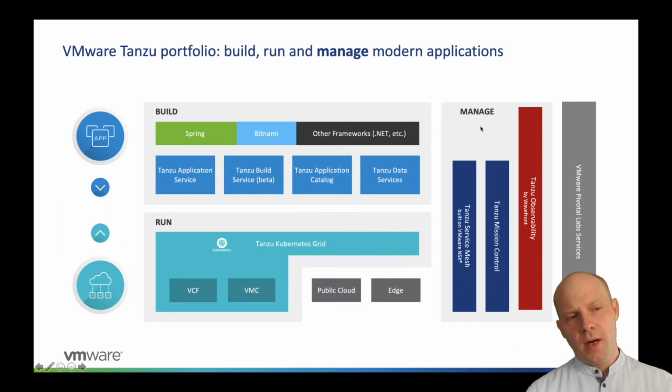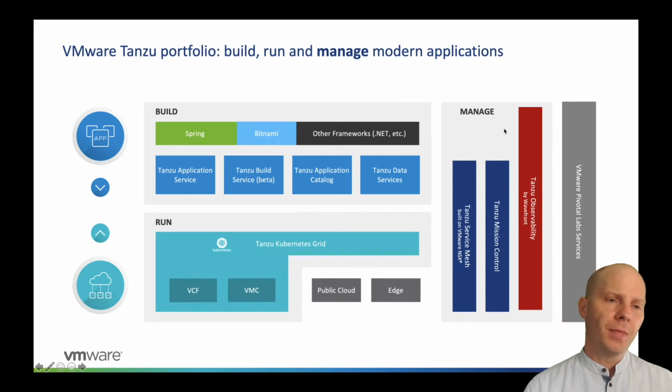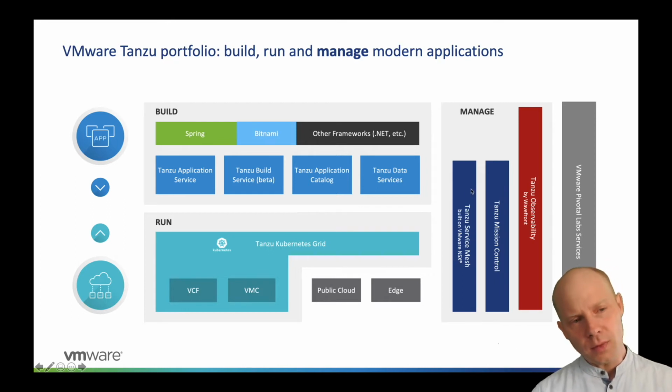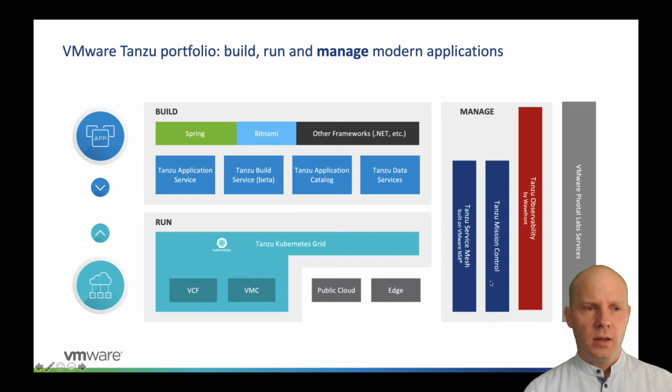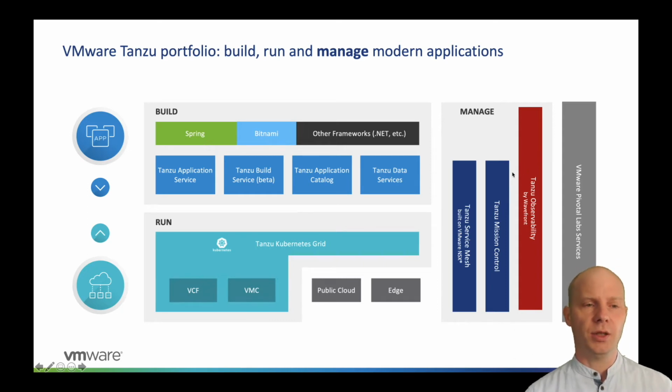We did talk quite a bit about the service mesh today in the other sessions, which is an extension of the upstream Istio project, and makes a lot of sense if you're working with microservices a lot. The Tanzu Mission Control allows you to manage multiple clusters with one interface, and integrates into the Tanzu Observability and service mesh as well.